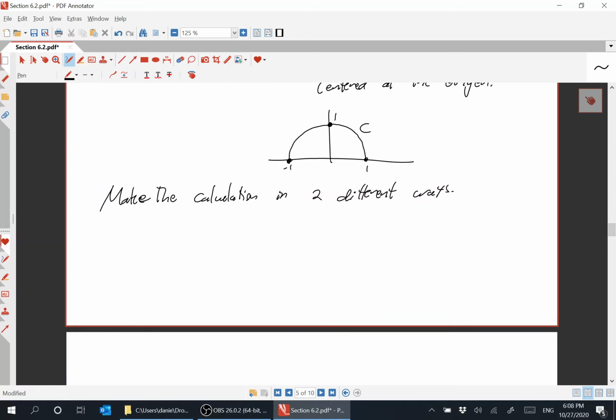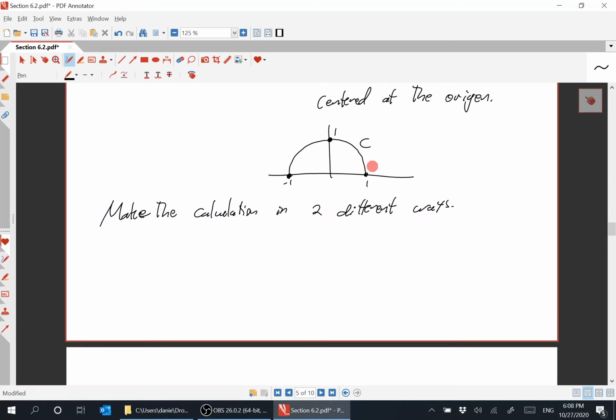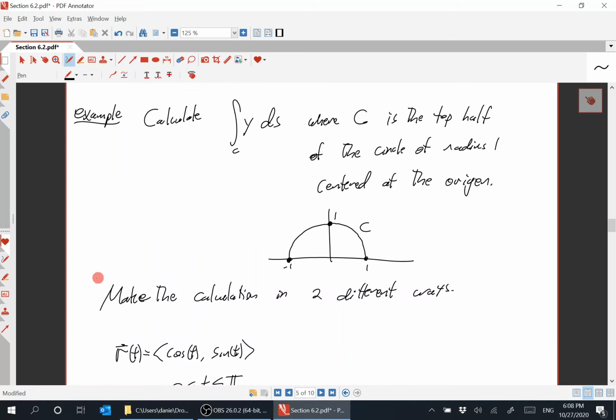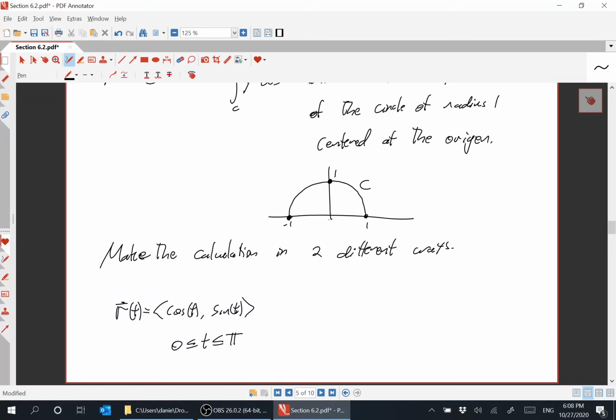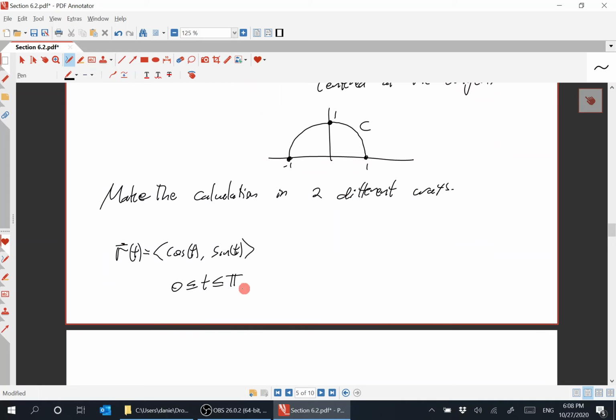Okay, so first, how do we do this top half of the circle? Well, the usual standard way of doing it would be x is cosine t and y is sine t, and 0 is less than or equal to t is less than or equal to pi.